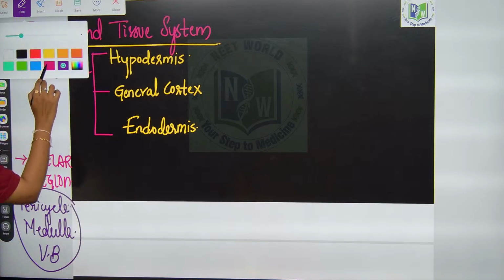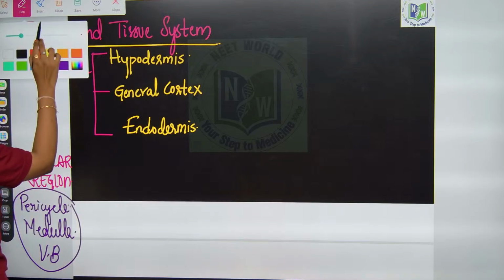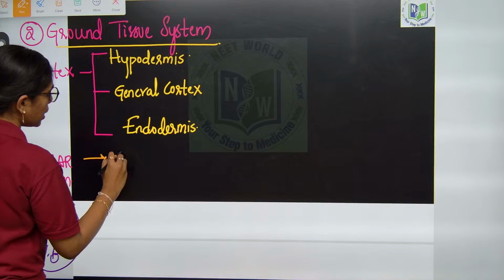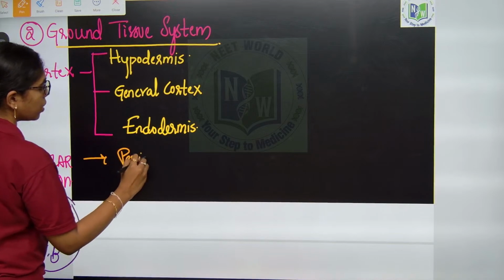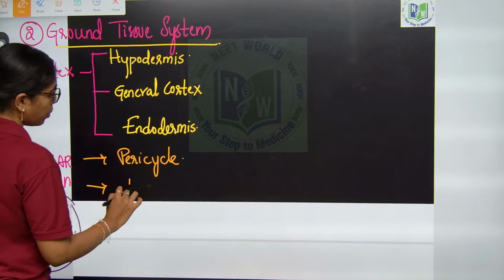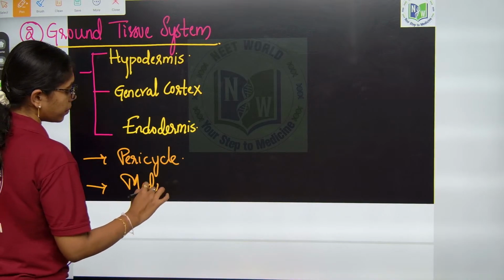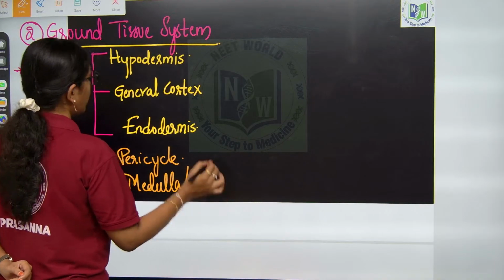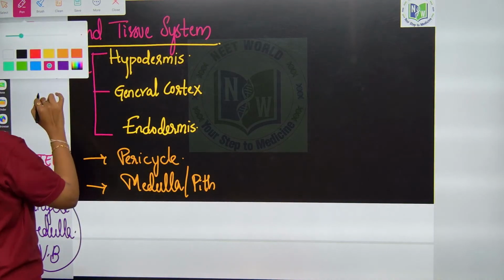So, here under the ground tissue system, we will look into pericycle, medulla or pith, and medullary rays.